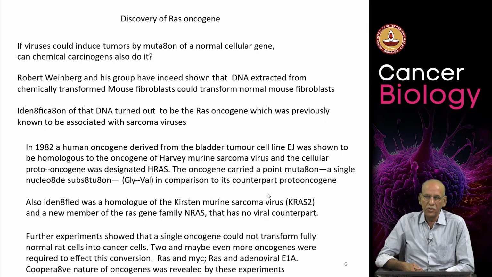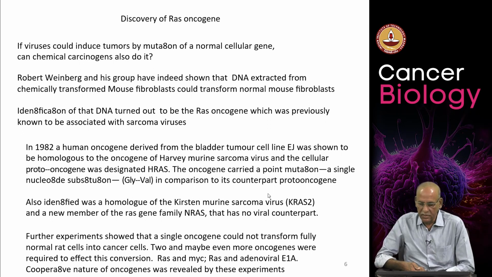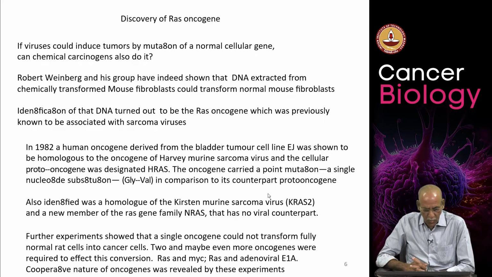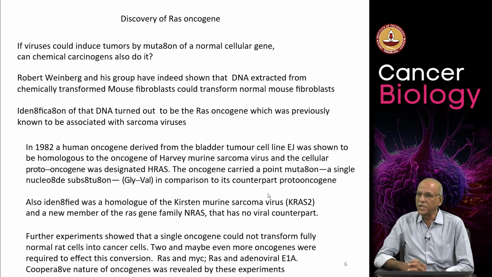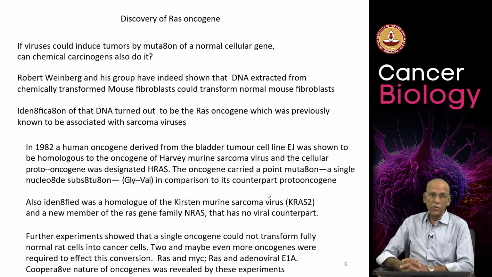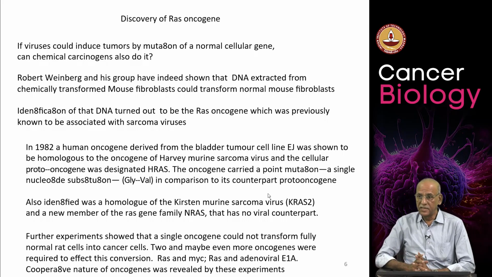So, people knew about NRAS, but that has no viral counterpart, while KRAS and HRAS had the viral counterpart. Further experiments showed that a single oncogene... actually Bob Weinberg's lab did this very interesting experiment.